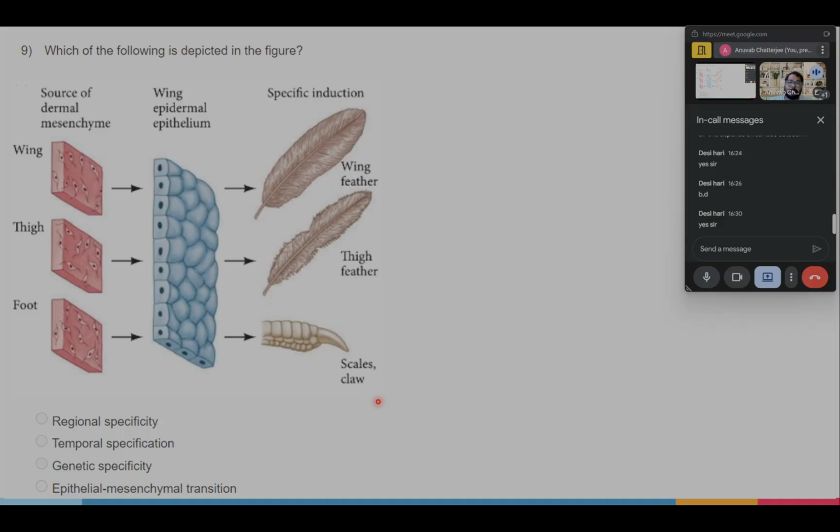So this is a very interesting thing that they observed, and we are asked which of the following describes this phenomenon: regional specificity, temporal specificity, genetic specificity, or epithelial to mesenchymal transition. I will give you a second to try and figure this out.